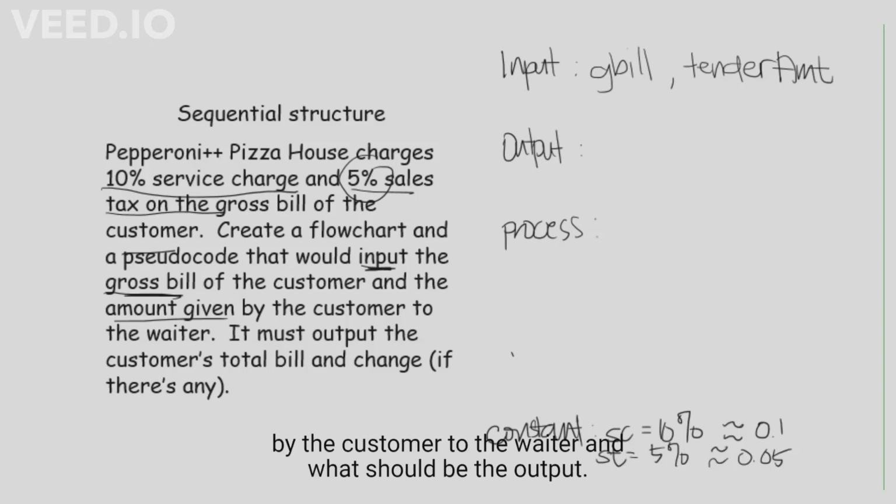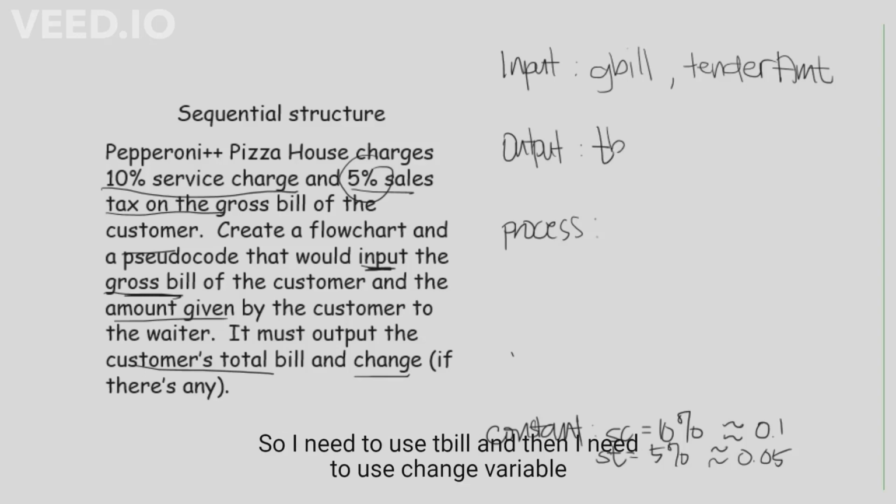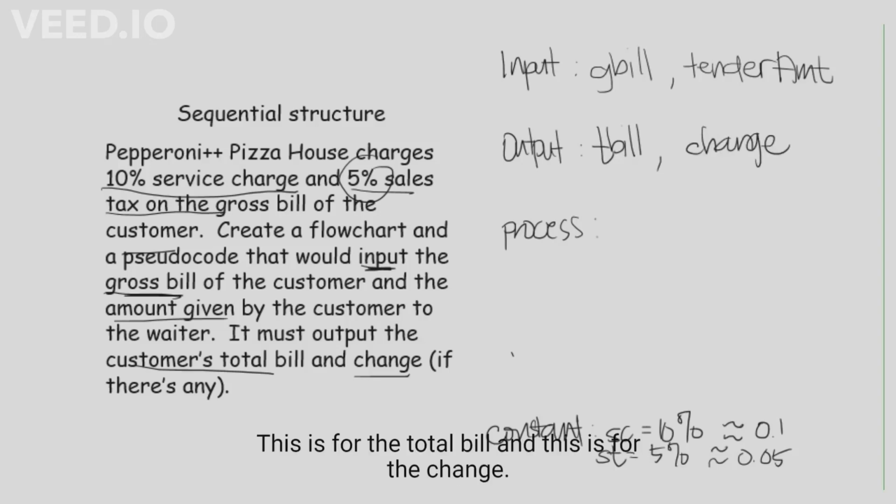And what should be the output? The output should be customer's total bill and change if any. So I need to use T bill, and then I need to use change variable. So this is for the total bill and this is for the change.